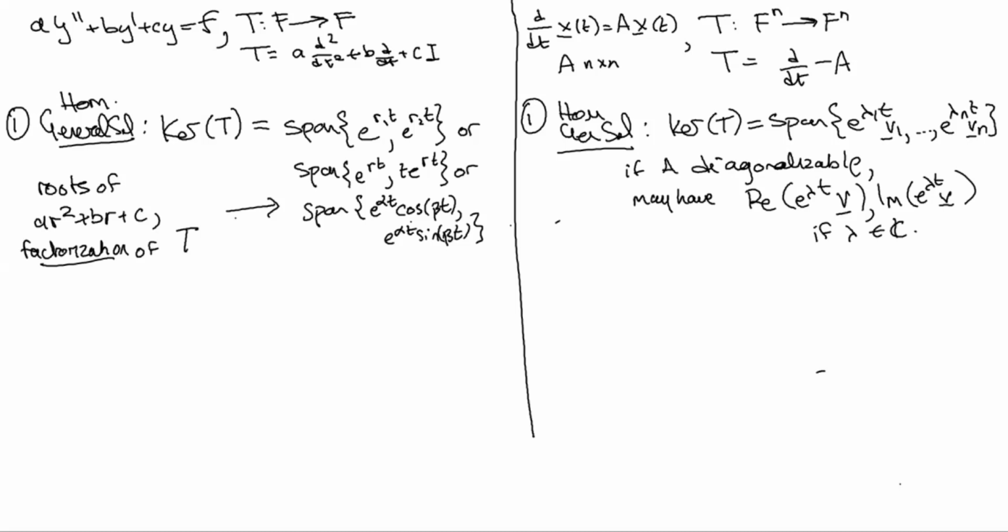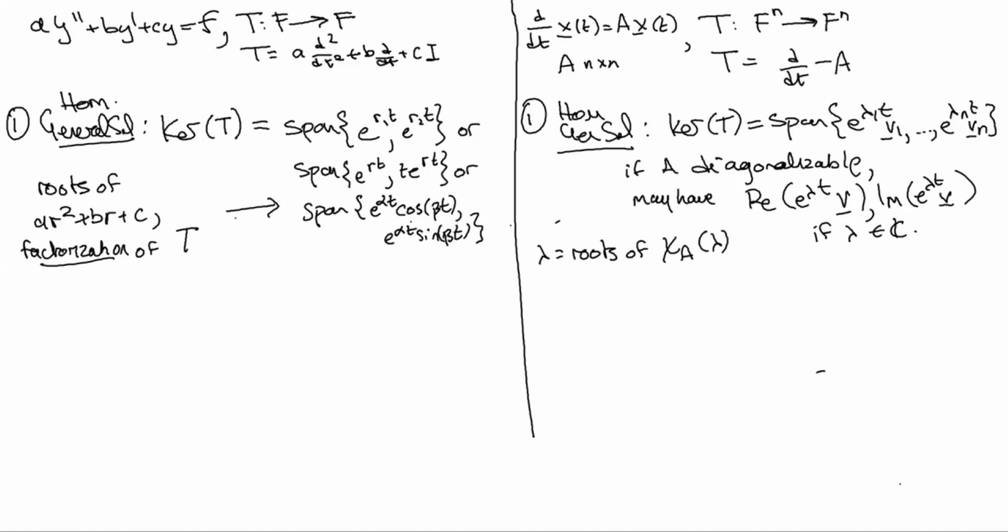What are the eigenvalues? Well, the eigenvalues are roots of the characteristic polynomial, right? So in both cases, the general solution was spanned by some functions which were exponentials, and which exponentials came from looking at roots of some equation, which in the first case was the auxiliary polynomial, the second case was the characteristic polynomial.